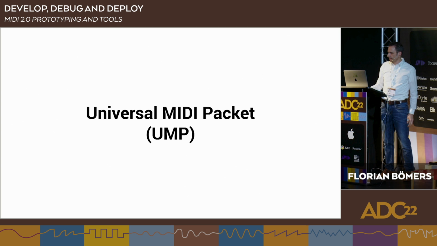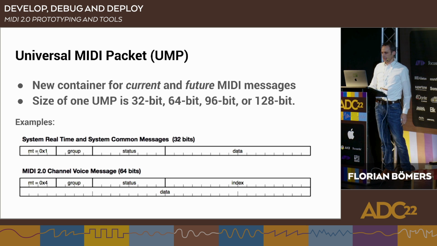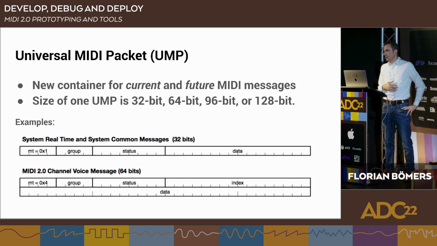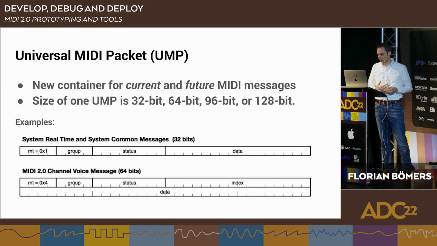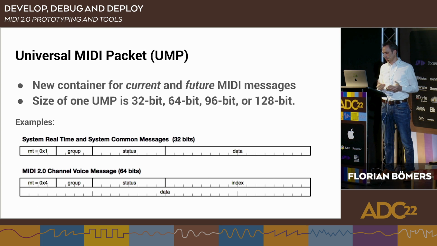For the UMP, Universal MIDI Packet, this is how it looks. It's based on 32-bit words, and the messages are 1 to 4 words long. The shortest messages have just 1 word, and longer messages have 2, 3, or 4 words.